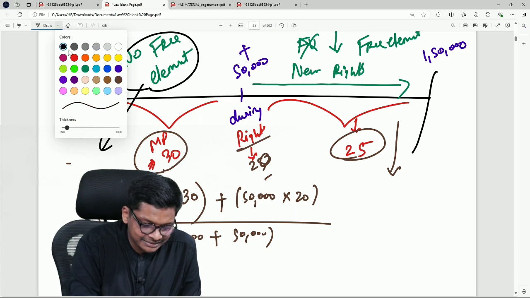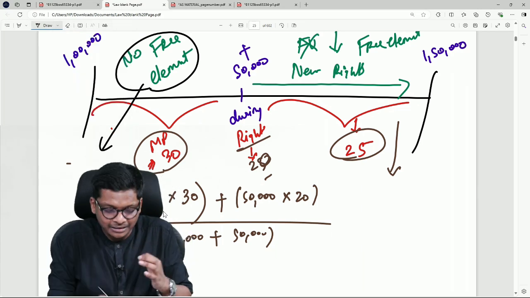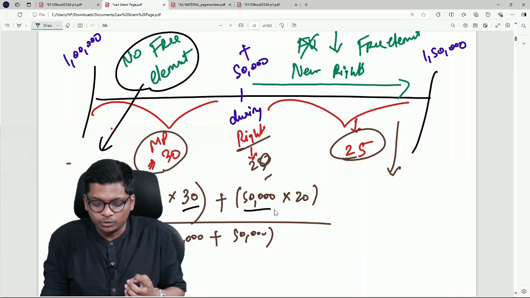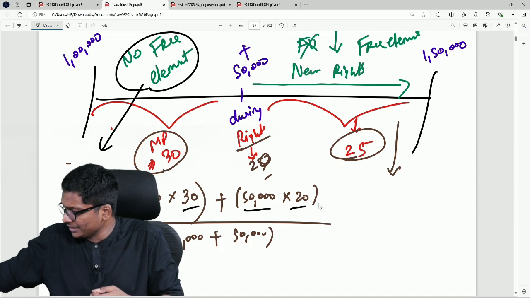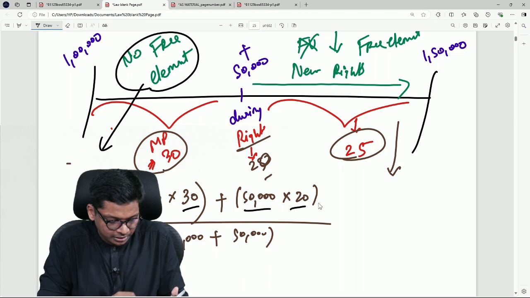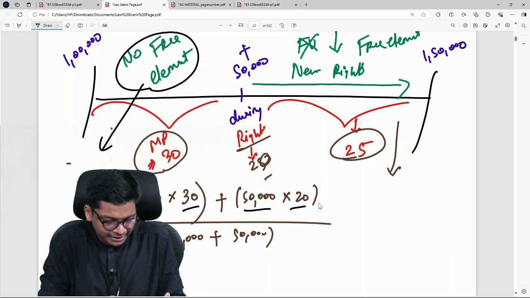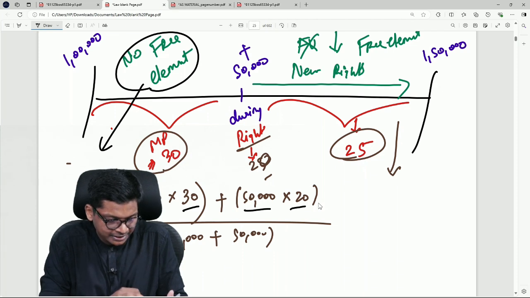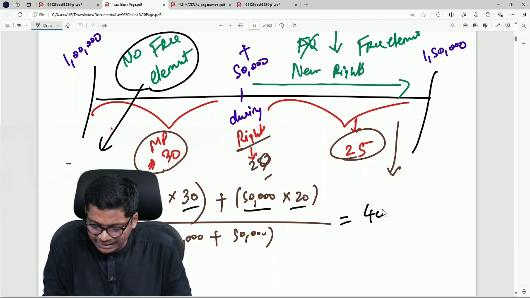So, existing number of shares are 1 lakh, existing market price is 30. New issue is 50,000 at 20. What is the meaning of this? If I multiply 1 lakh into 30 plus 50,000 into 20, you will get 30 lakhs plus 10 lakhs, you will get 40 lakhs.